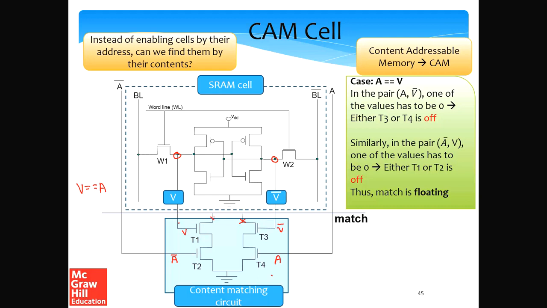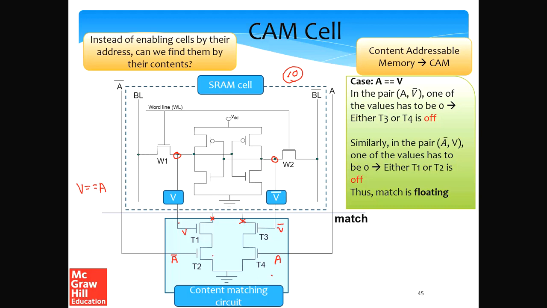So even this path is turned off, which basically means that for this particular CAM cell, which has 1, 2, 3, 4, 5, 6, 7, 8, 9, 10 transistors, a 10 transistor CAM cell, the match line is not connected to the ground. So it is in a sense floating.